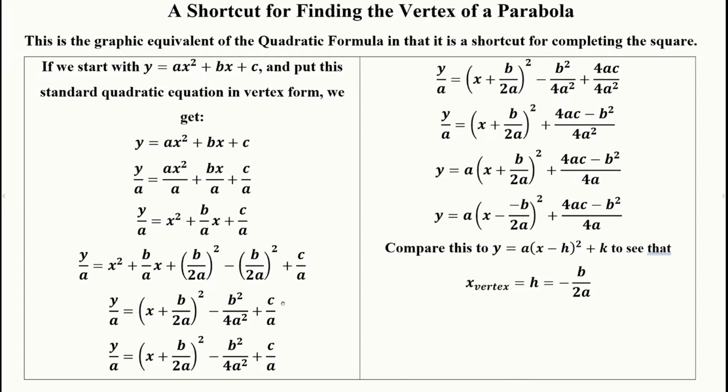So that means we're going to have to multiply the top and bottom of this particular fraction by 4a, right? Because we want to get a denominator of 4a squared on this one as well. So we're basically doing this.